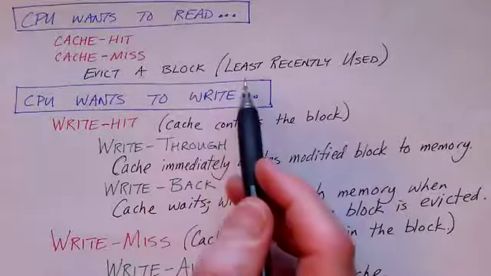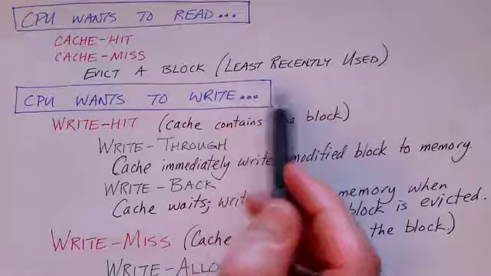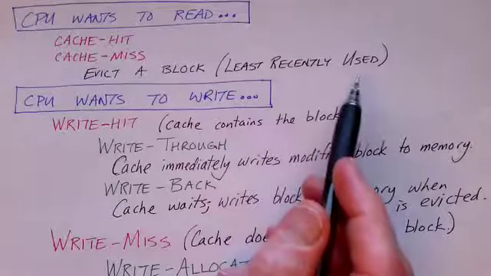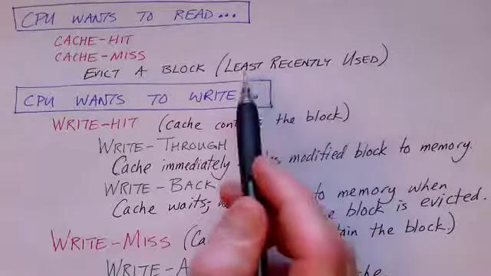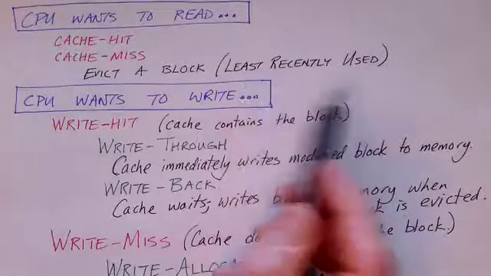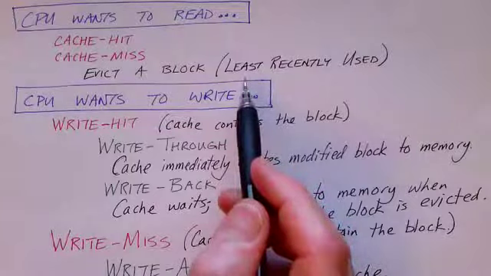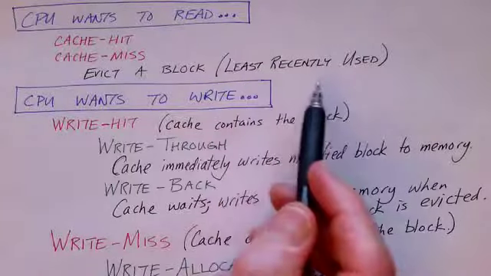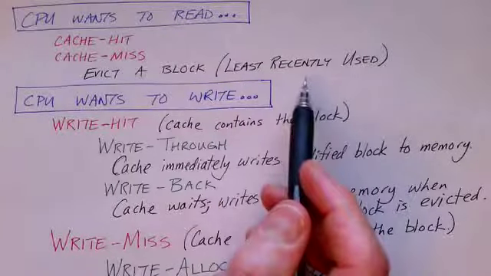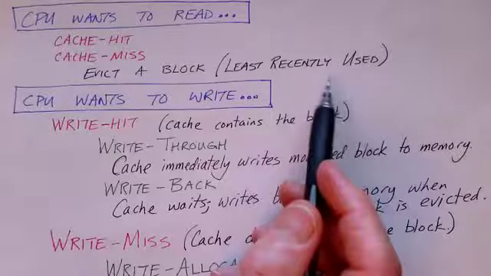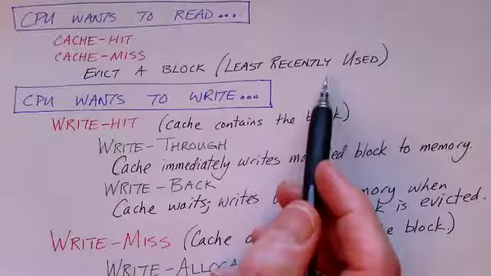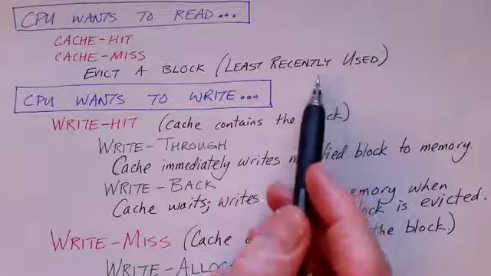Ideally, we'd like to evict the least recently used block, and many caches can actually implement that exact strategy. So we will evict the block that was used furthest in the past, with the hope that it is the least likely to be needed again in the near future.